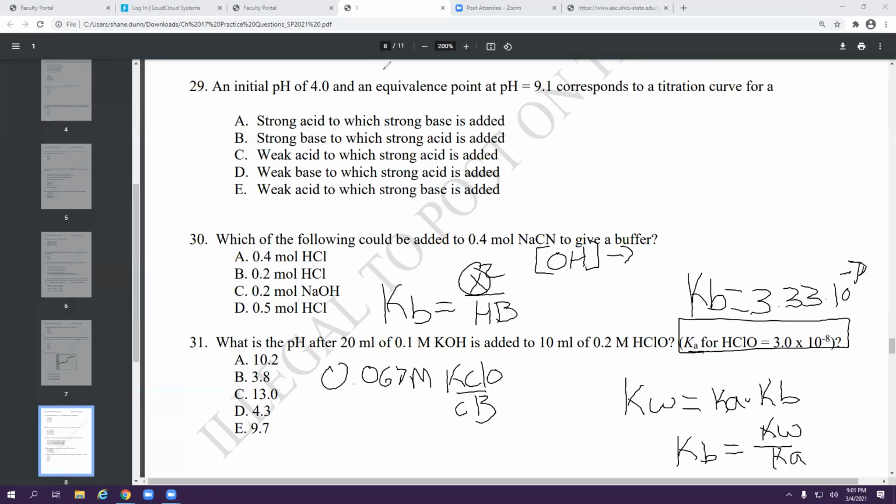I know, it sucks. Find pOH. If I find pOH, I can find pH, correct? So I'm going to do that. 3.33 times 10 to the negative 7th is equal to X squared over 0.067. Solve for X squared.